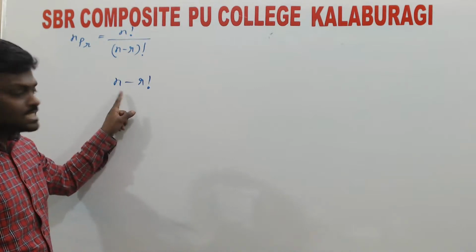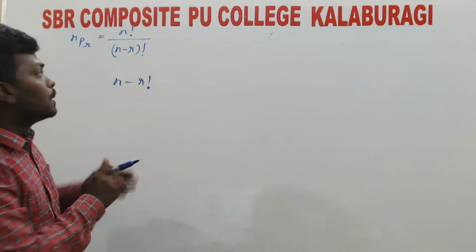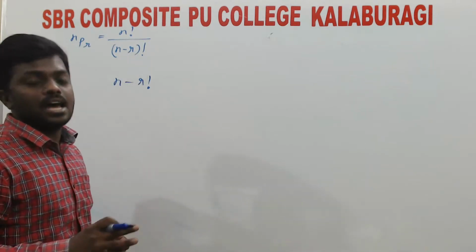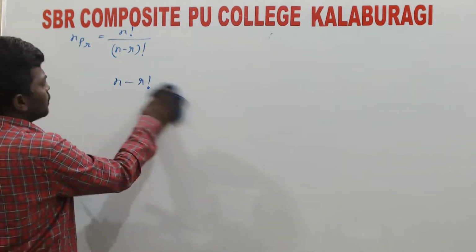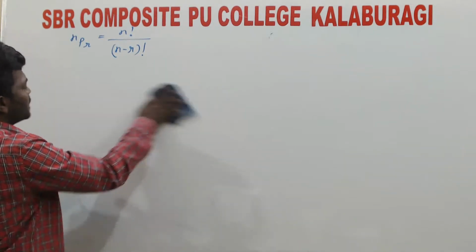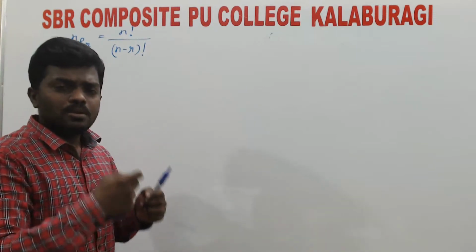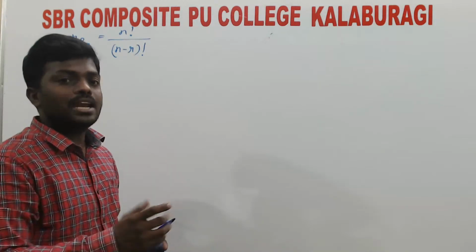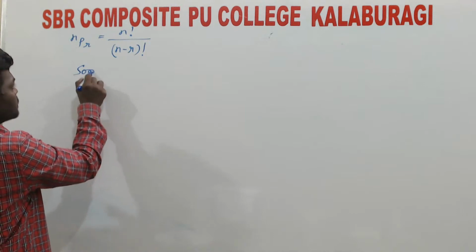That indicates the factorial is only for r, but what we need is the factorial for n minus r. When we give back your test papers, some students get this wrong. Before that, you should understand how the representation is. Don't get confused. Now we shall see some special cases.